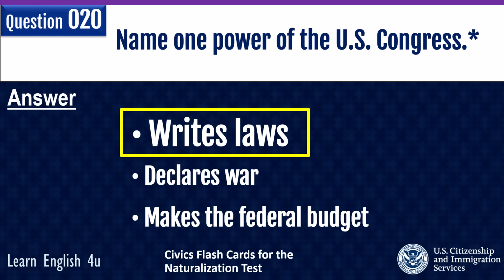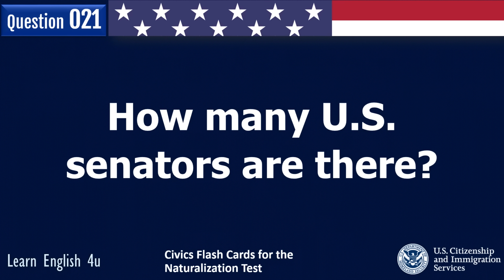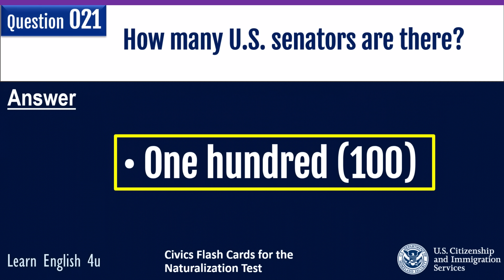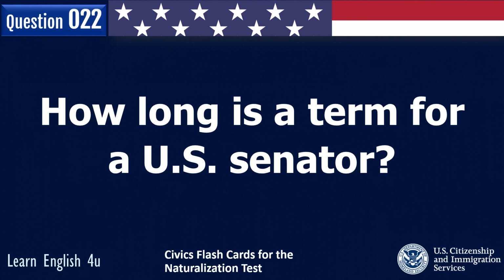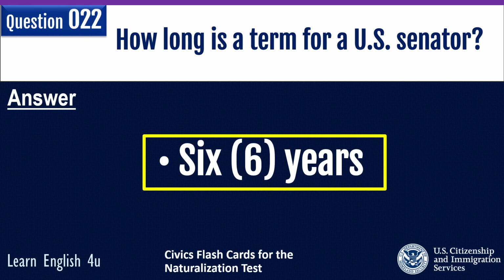Writes laws. How many U.S. senators are there? 100. How long is a term for a U.S. Senator? 6 years.